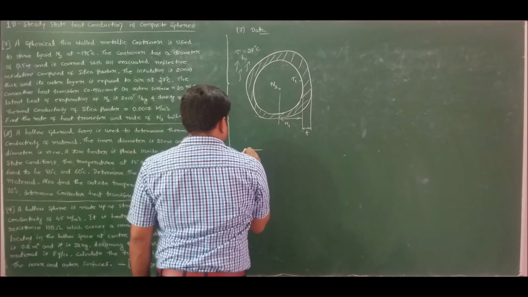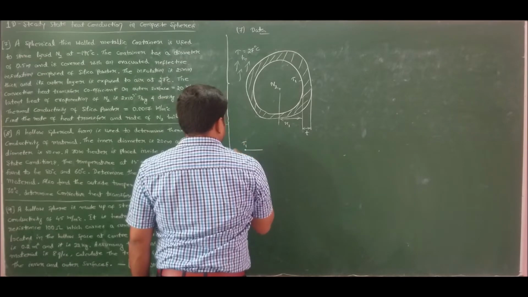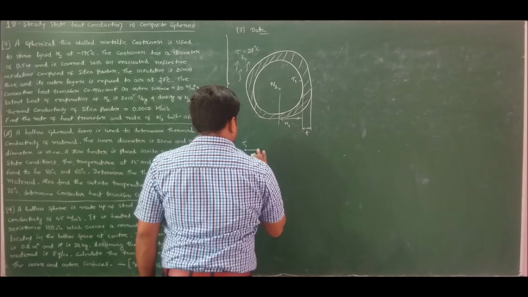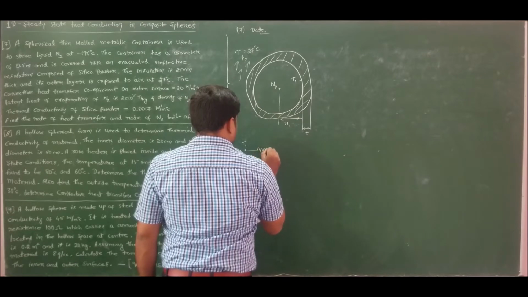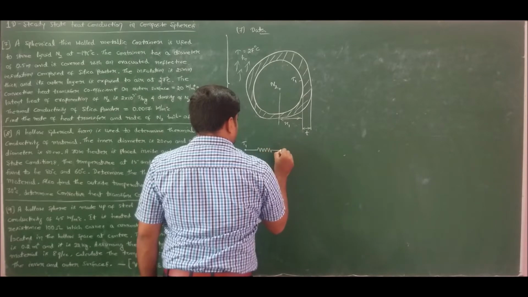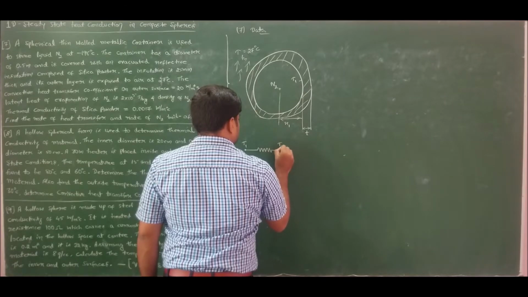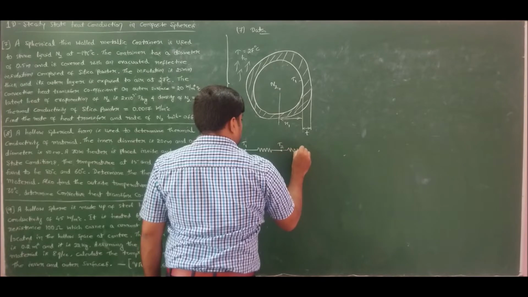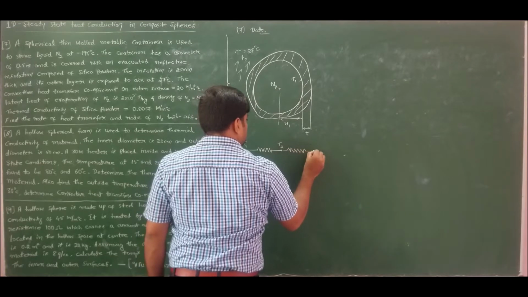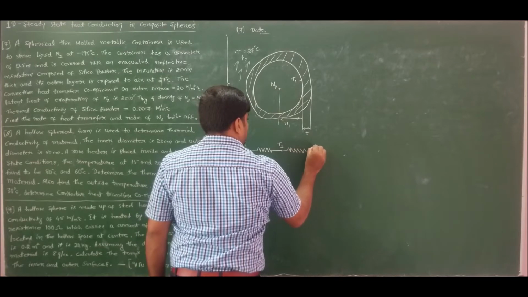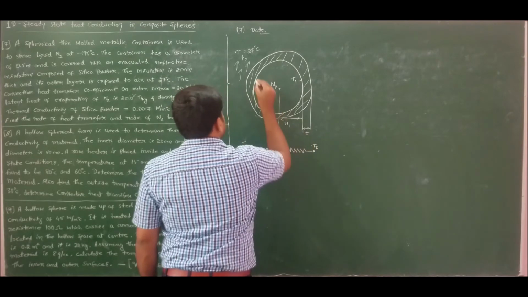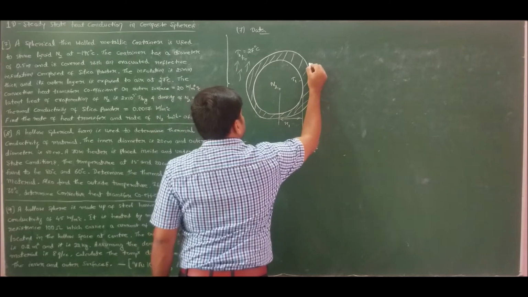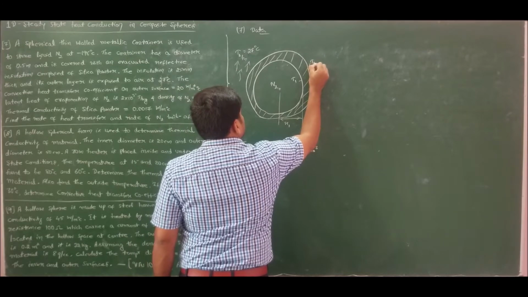We have the inner surface which is maintained at temperature T1 and we have the resistance due to conduction, and we have the outer surface temperature T2 and convective heat transfer to the atmosphere from the outer surface. Let us take the ambient atmospheric temperature as T3 and outer surface temperature as T2.